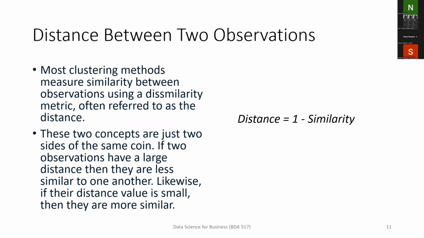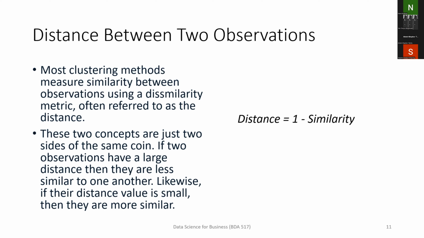So let's see the distance between two observations. When we say similarity, like I said, it depends upon how close something is to something else. The definition of distance is 1 minus similarity. When you deduct similarity from 1 for two different variables, you've calculated their distance.